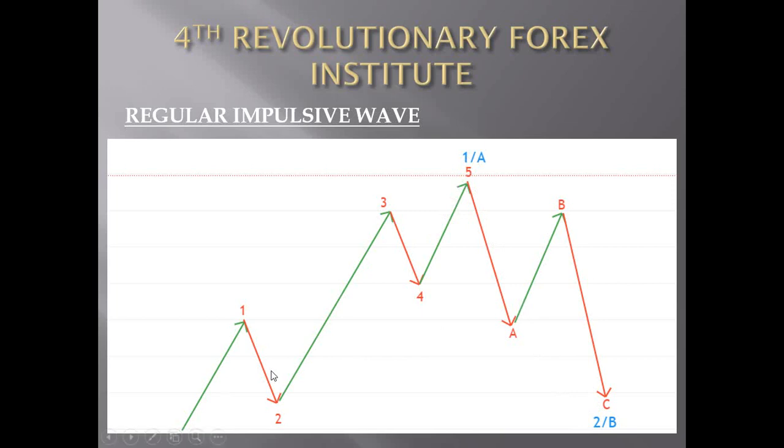So in short, wave 1 is the motive wave completed in 5 waves, and wave 2 is the correction wave completed in 3 waves. Overall, the wave cycle is completed in 8 waves: the first 5 waves in the formation of wave 1, and the last 3 waves in the formation of wave 2.